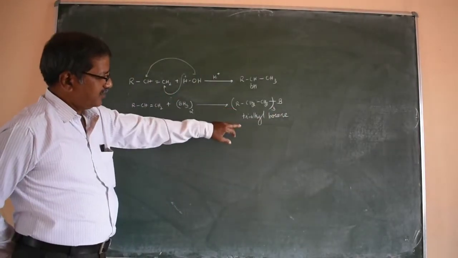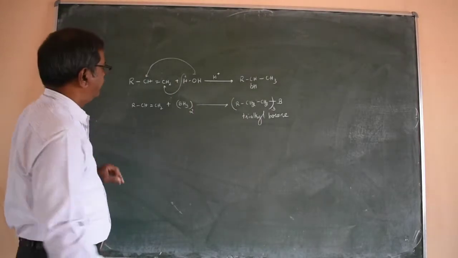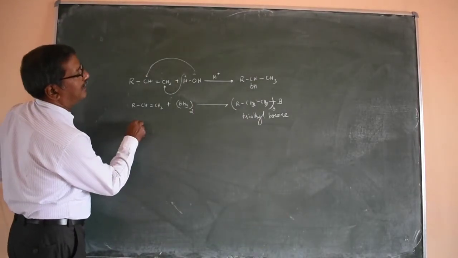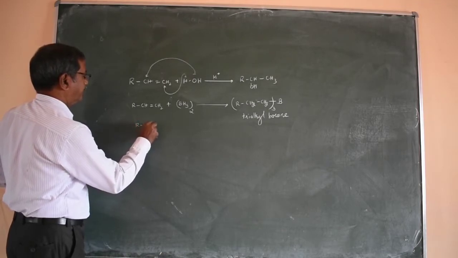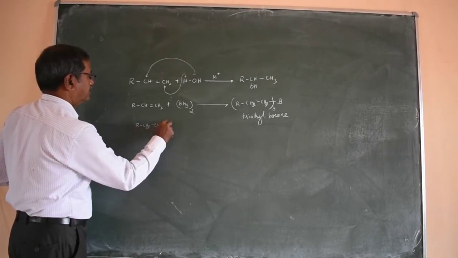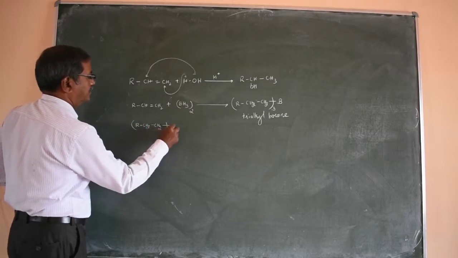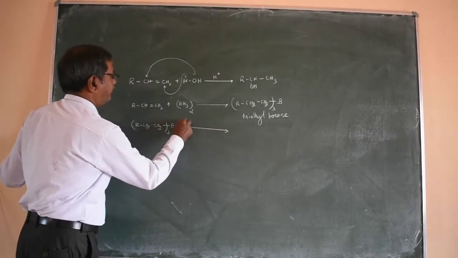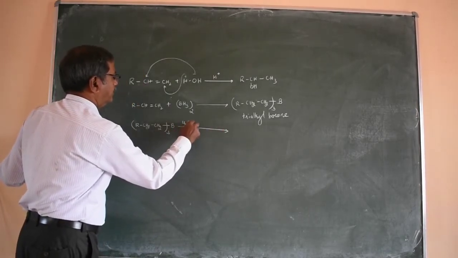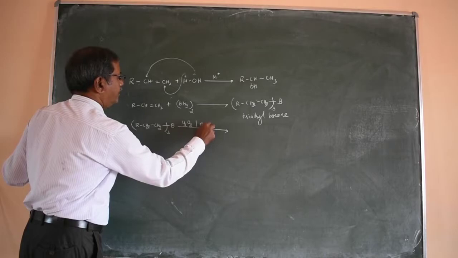After the formation of trialkyl borane, it is then oxidized by using hydrogen peroxide in presence of alkali like NaOH.